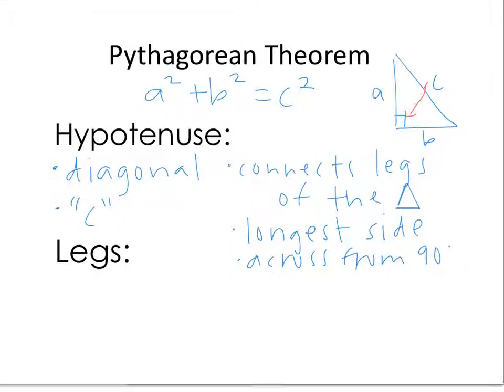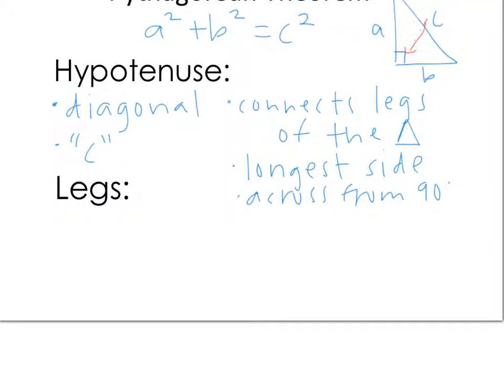And if we talk about the legs of a triangle, they are the shorter sides of the triangle. There are two legs in a right triangle, and the two legs come together to form a right angle.